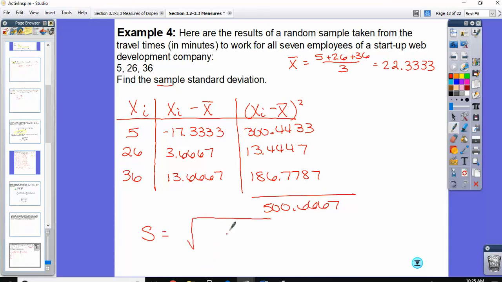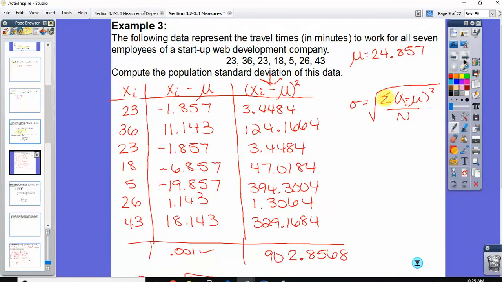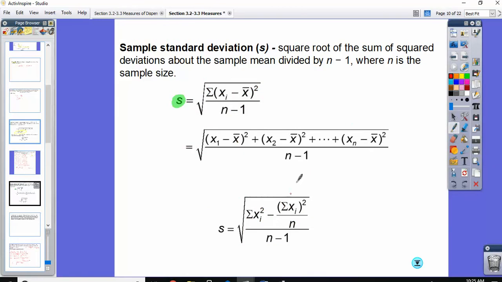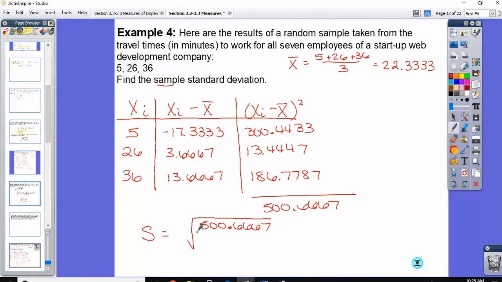Says you add up the sum of your x minus x bars squared. So we added all those up, we got this. And this time, for S, we divide by n minus 1. So we had 3 points. What do I divide by? 2.